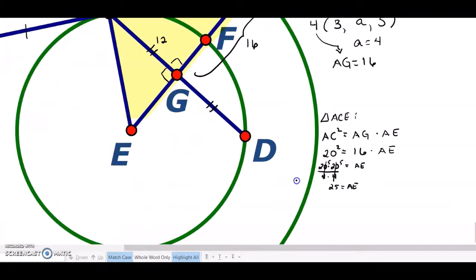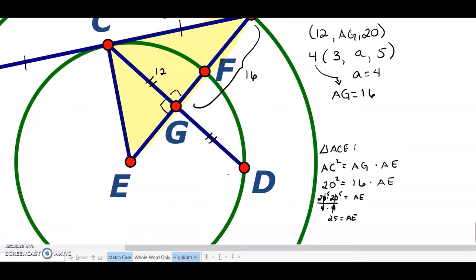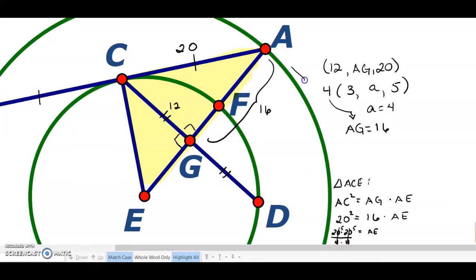Zooming back out. If all of AE is 25, and AG is 16, that must make EG 9.